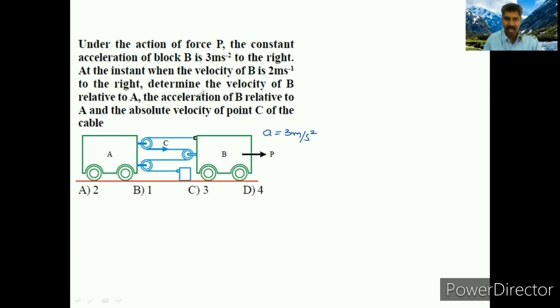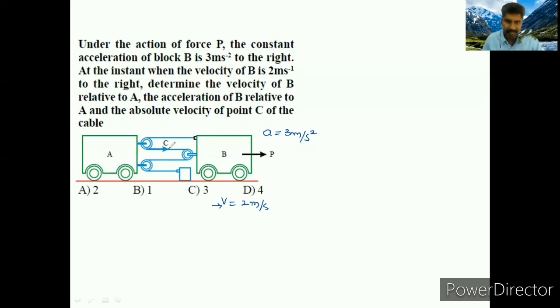At the instant when the velocity of B is 2 meter per second, V equals 2 meter per second, going in this direction. So determine the velocity of B relative to A, the acceleration of B relative to A, and the absolute velocity of C of the cable.